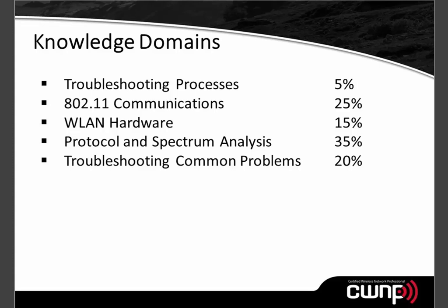What I mean by that is if you saw a knowledge domain on wireless LAN hardware in the CWSP exam, then of course you'd be focusing on the hardware from a security perspective. Here, you're focusing on the hardware from an analysis or troubleshooting perspective. So it's important to keep that in mind. The knowledge domains fit into the overall area that you're being tested in.